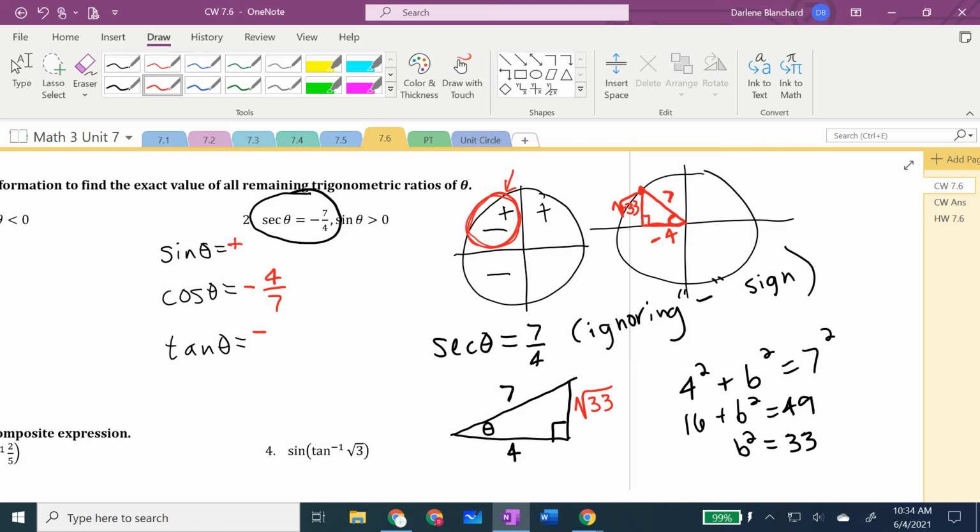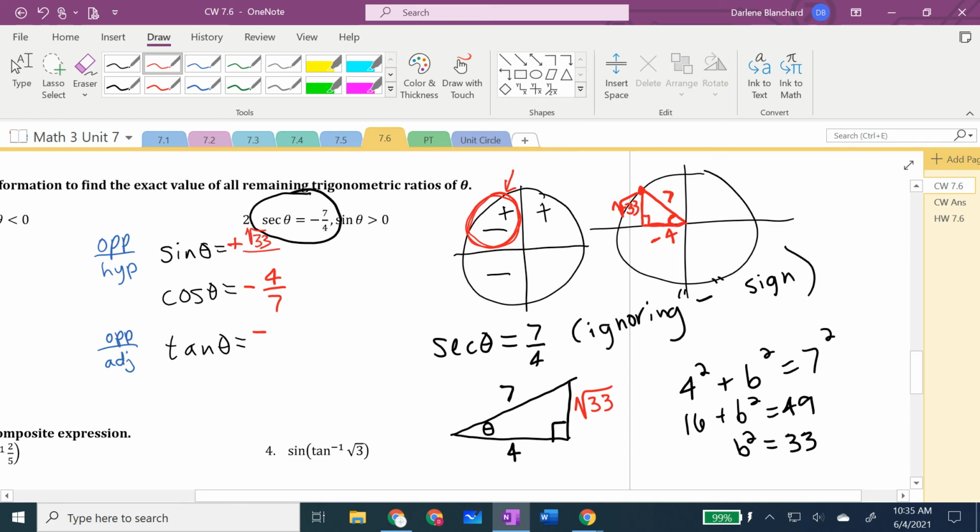Once you get your triangle with all 3 sides, then you're going back to your SOHCAHTOA-ness. Sine is opposite over hypotenuse. We already have cosine. Tangent is opposite over adjacent. So I go to my triangle and I look at what is the opposite side, that is root 33.